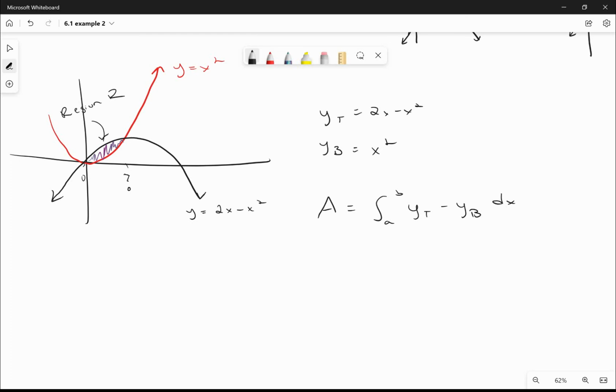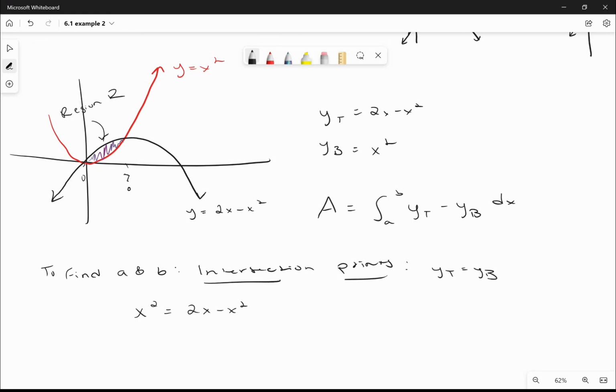Well, we just have to find the intersection points of these two curves, right? Right, so we have x squared equal to 2x minus x squared, right? This is just where yt is equal to yb. Those are where the intersection points are. All right, so we just have to solve this.